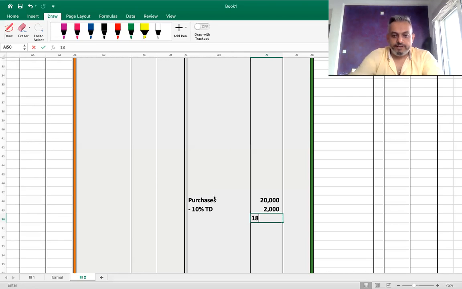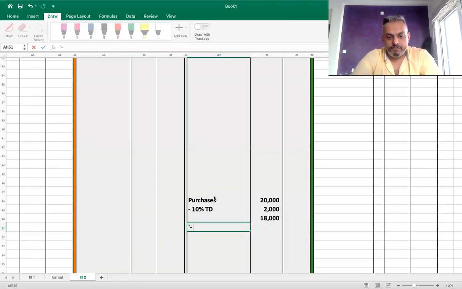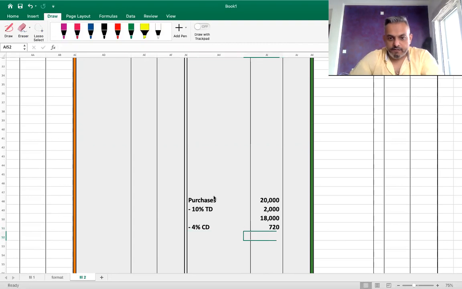So we are left with 18,000 and then minus 4% cash discount. So 4% is 720. So what is the net amount? 17280 is the amount of cash paid.